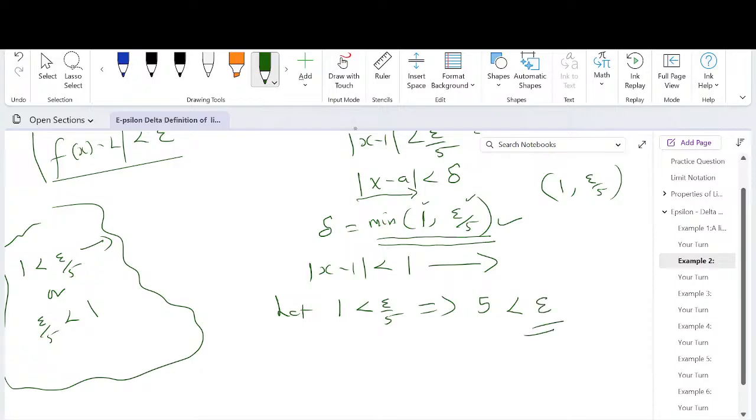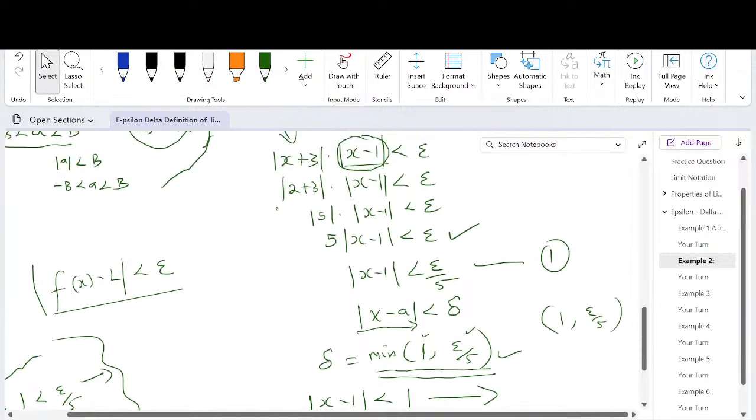Having written this, I can now go back to the absolute value of x minus a. Let me write something so you can understand better.